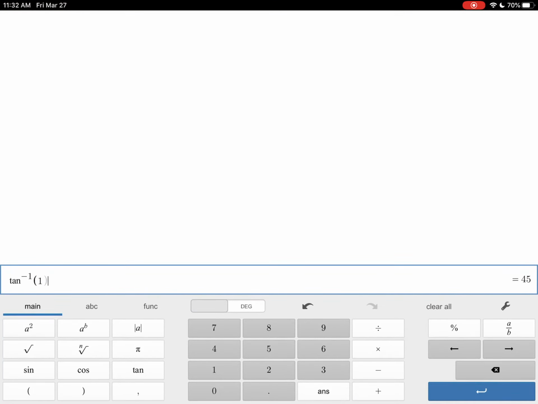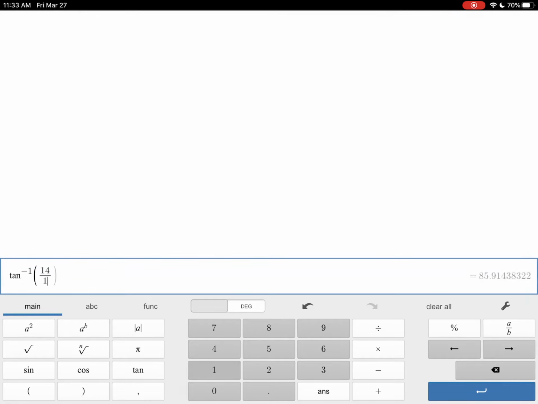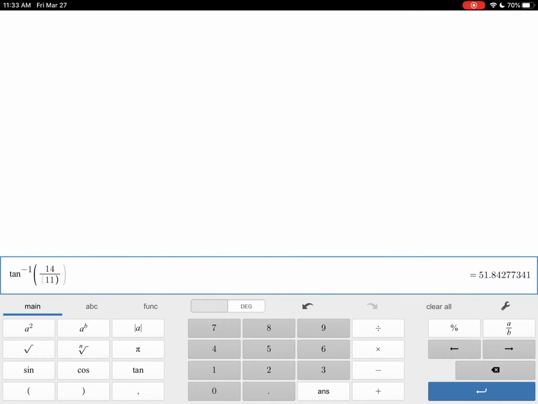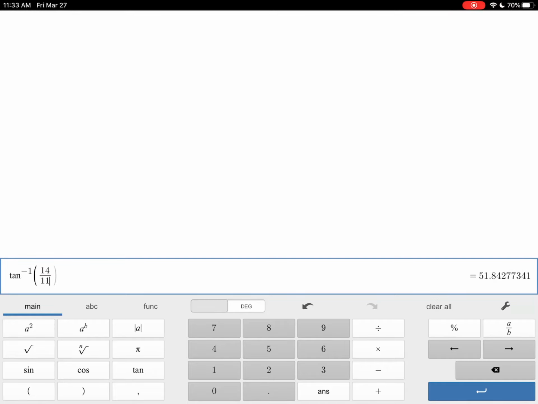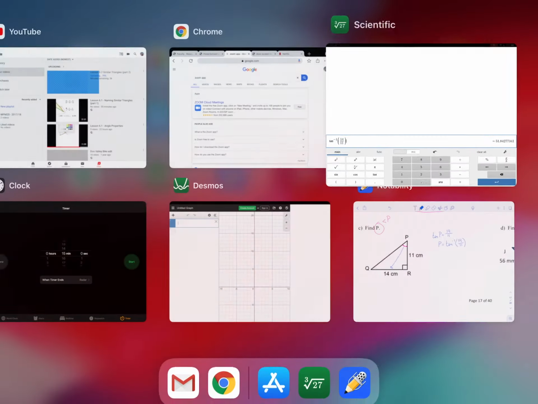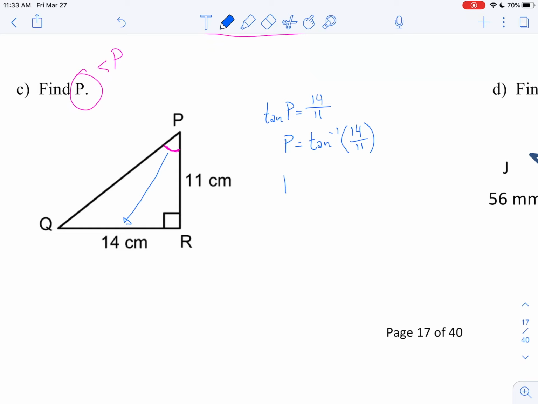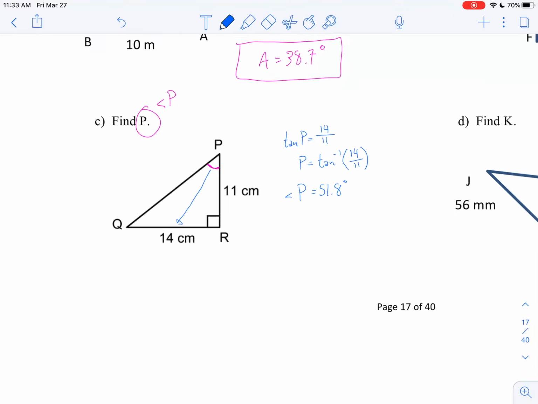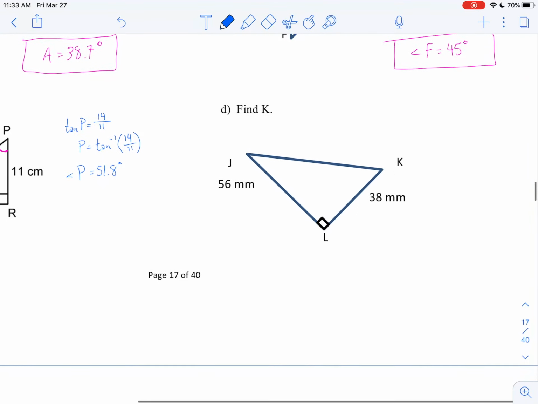So tan inverse of 14 divided by 11, do an end bracket there, and we get the answer of 51.84. So we're rounding this to one decimal place, so 51.8. Angle P is equal to 51.8 degrees. Make sure you get the same thing on your calculator there.